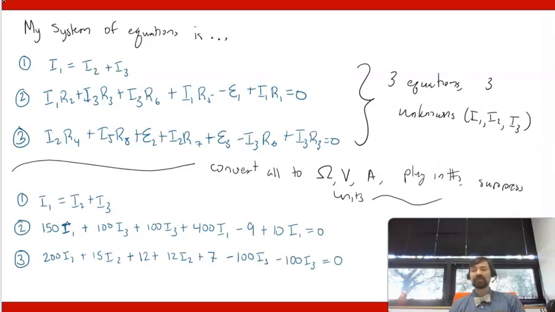There's solve and sub. So for example, you could substitute equation 1 into equation 2 to get rid of all the I1s, and now 2 and 3 would all be in terms of I2 and I3. And you can also multiply and add to eliminate. I would say that it's a good idea to combine your like terms as your next step.